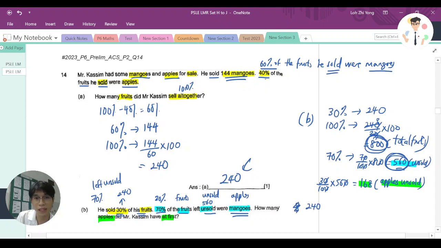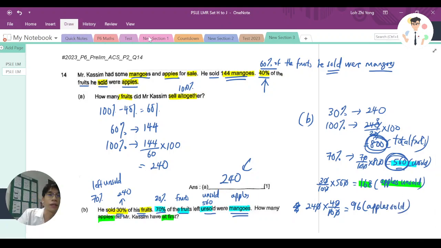They say 40% of the fruit sold were apples. So 40% of 240 is what? I simplify, 24 times 4, 96. And 96 will be the apples that were sold.